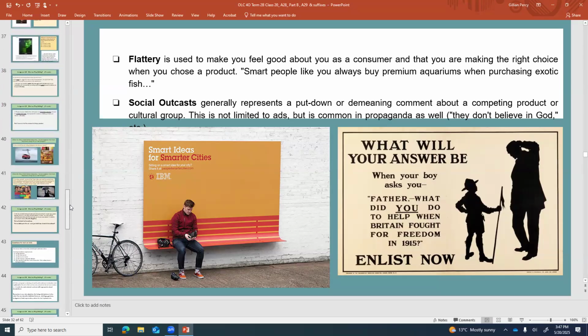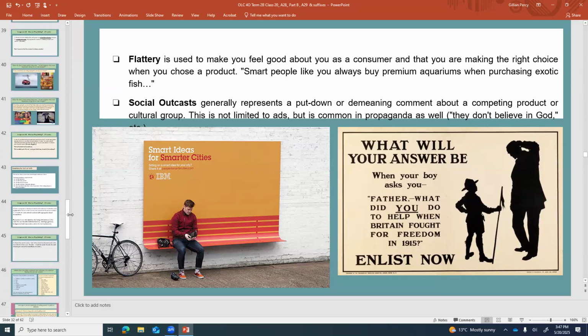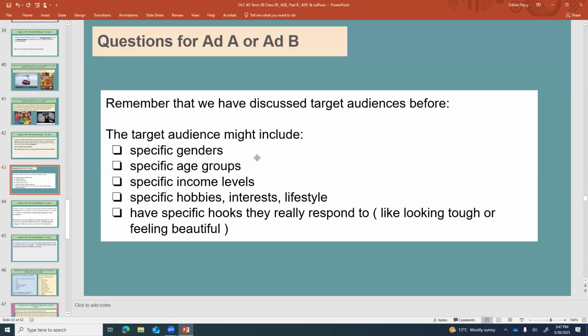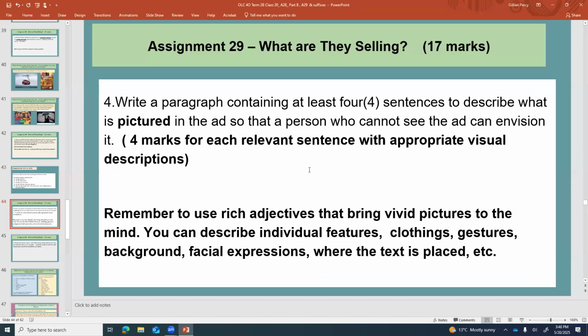So look at the ad and think about who are they aiming it at. Okay, yeah, specific genders, age groups, income levels, hobbies, interests, lifestyle, or specific hooks they might respond to. Looking tough, feeling beautiful, ordinary people, all that kind of thing.